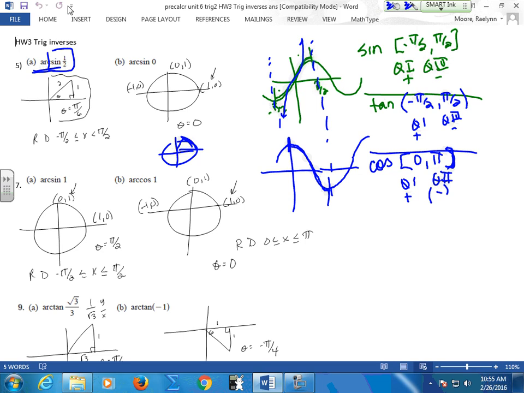So drop your triangle in quadrant 1, and yes, this is a 30-degree reference angle, so my angle is just quadrant 1, pi over 6. If you put this in your calculator, second sine of 1/2, it gives you the 30-degree angle, because your calculator does a true inverse. It only gives you the one restricted angle.